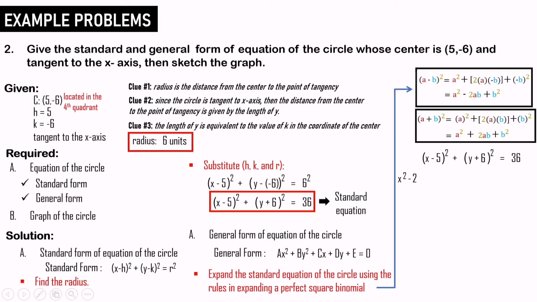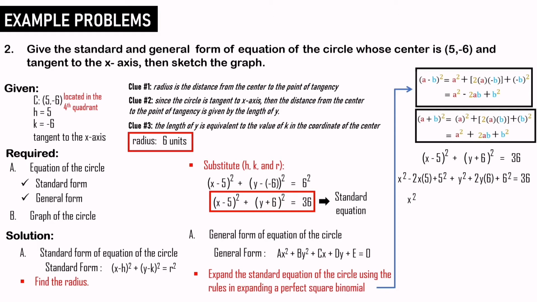So, 2 times x times 5 plus the square of the third term, 5 squared, plus, darita, y squared plus 2 times y times 6. So, 2y times 6 plus the square of the last term, 6 squared, is equal to 36.